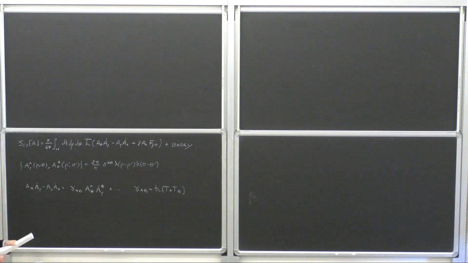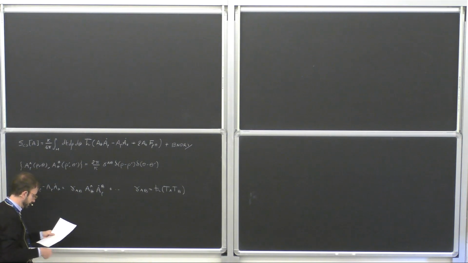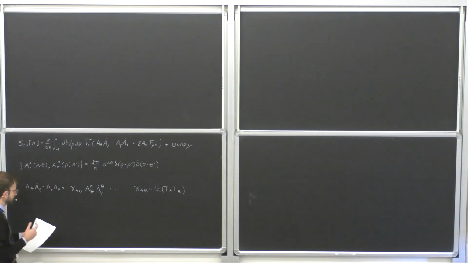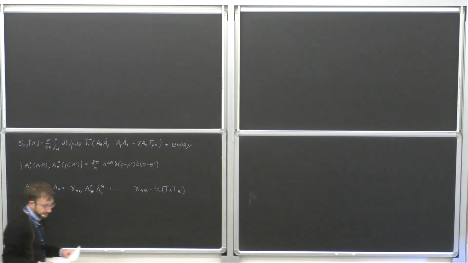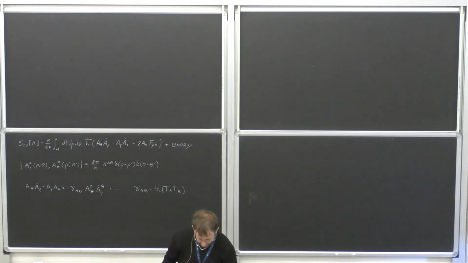All entries are one in the right place in such a way that when you contract q^a with p_a, you get the usual kinetic term. Okay, so that was the first important information.